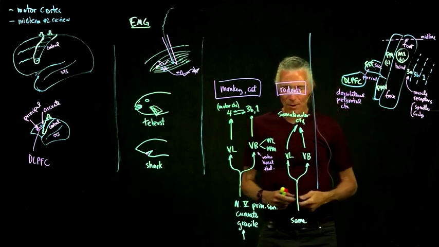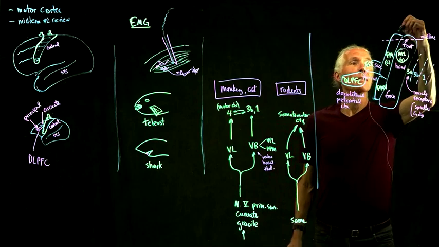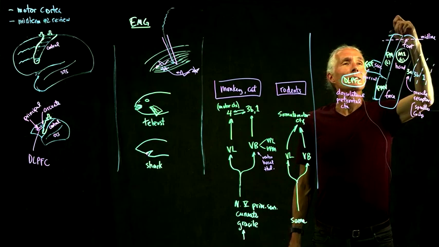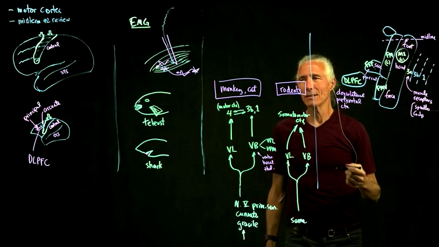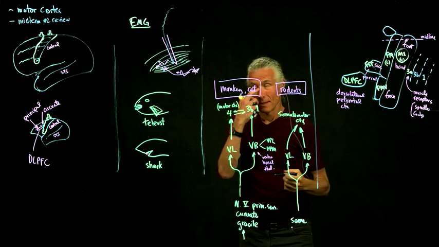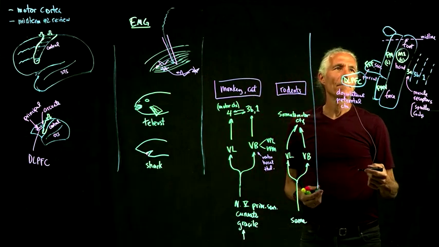But if we go on to the midline, what we see is there's kind of an extra area in there. There's another motor area, and this was originally called M2 for secondary motor area.